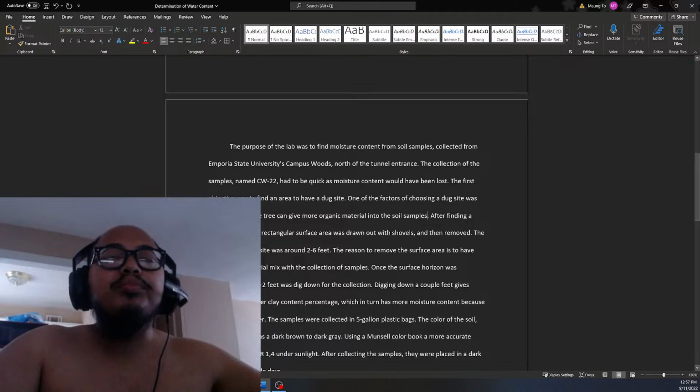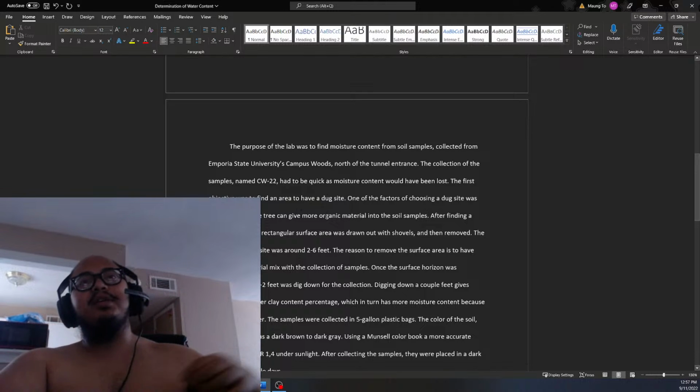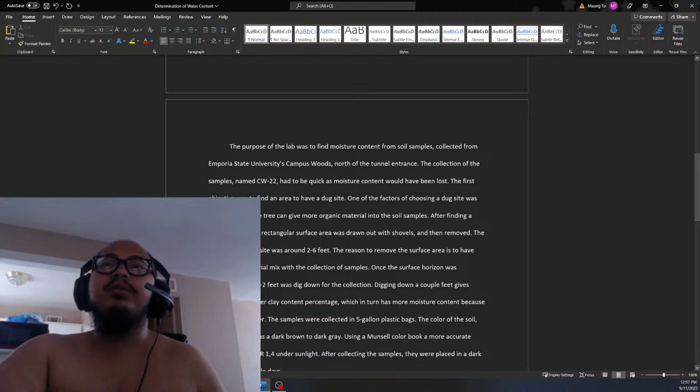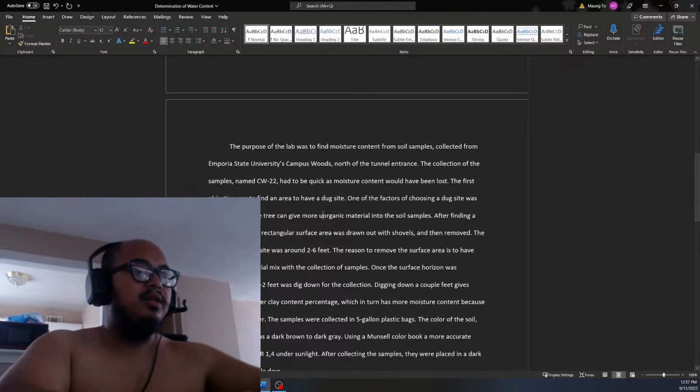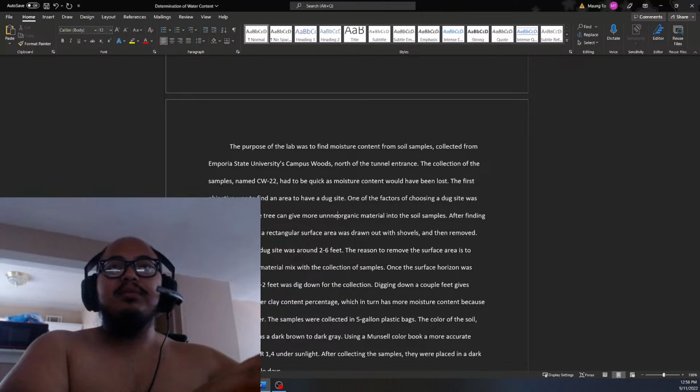Tree can give is not the right word. Roots of the tree can give more organic material into the soil samples. Unneeded, maybe.